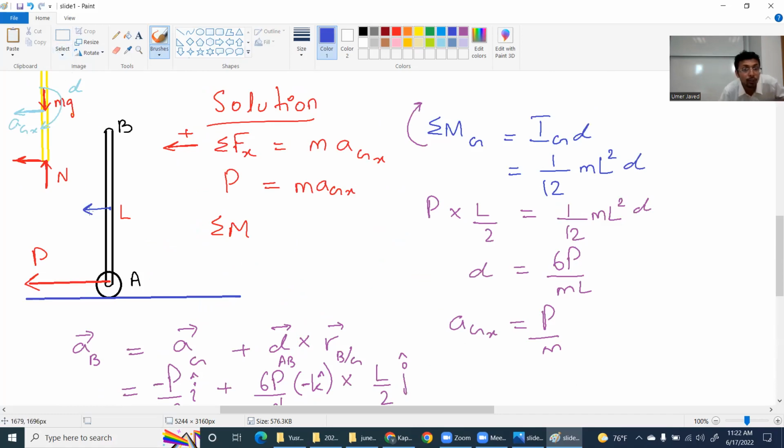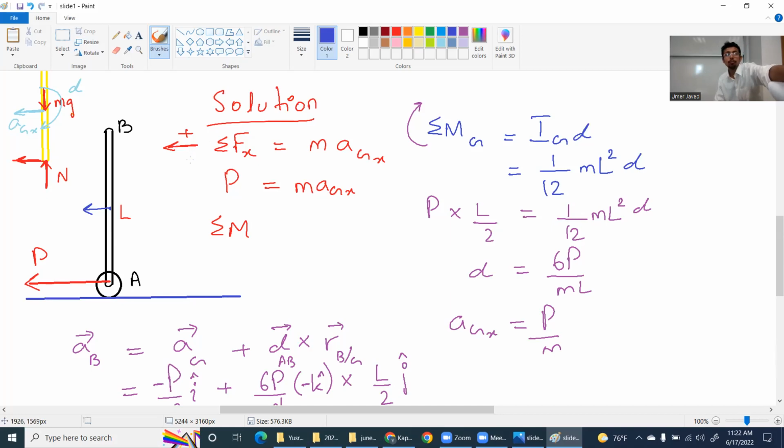1 minute. Look. The P is applied left, I think. So the rod will go to the right. Yeah. Good. I agree with you. Look. I completely agree with you. So I will also answer your question. But first of all, you do agree that we have done summation of forces equal to m a_G. So if someone is applying force to the left, I know the a_G has to be to the left. So far, so good. Let's go back.